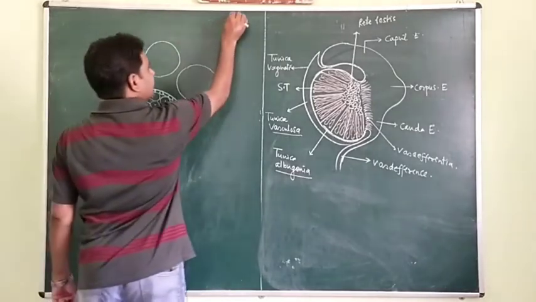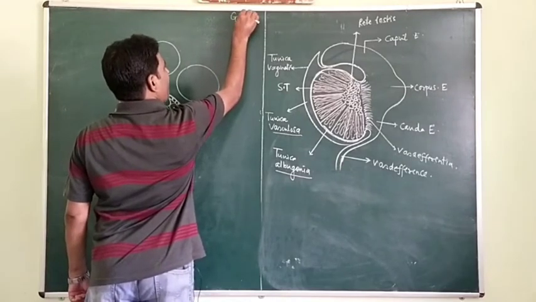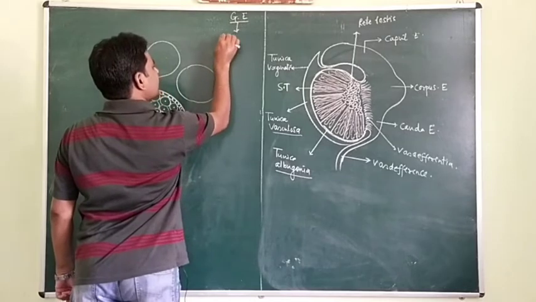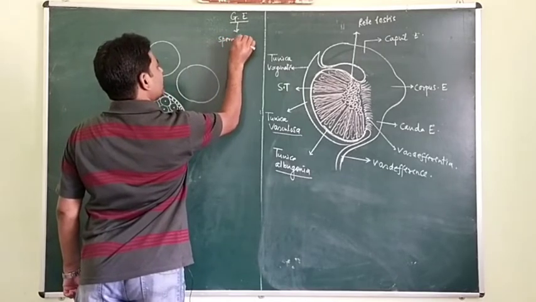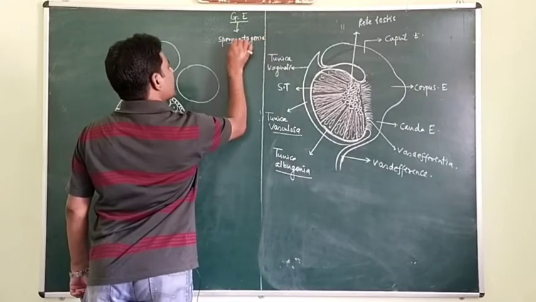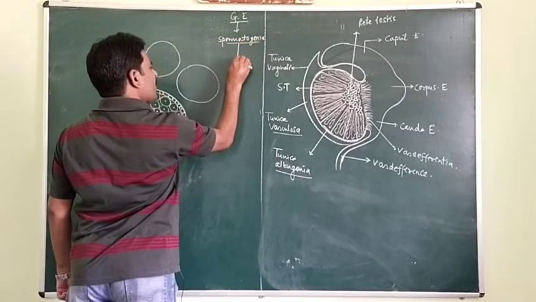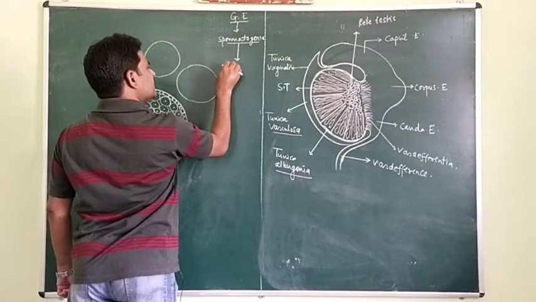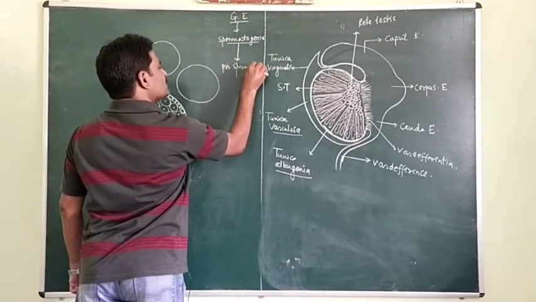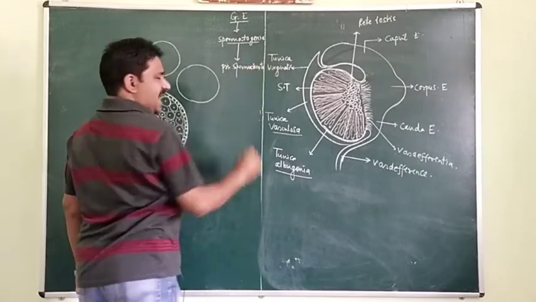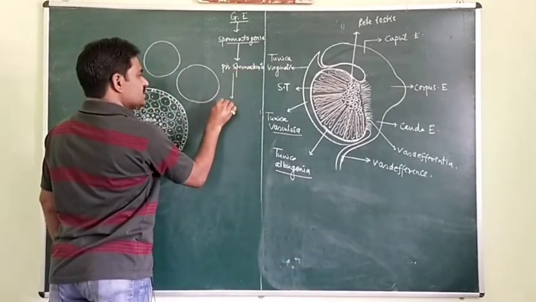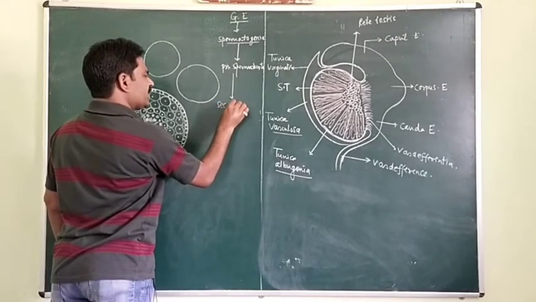What happened here? Germinal epithelium divides to form spermatogonial cells, spermatogonia. Spermatogonia again divide to form primary spermatocyte. Primary spermatocyte again divides to form secondary spermatocyte.